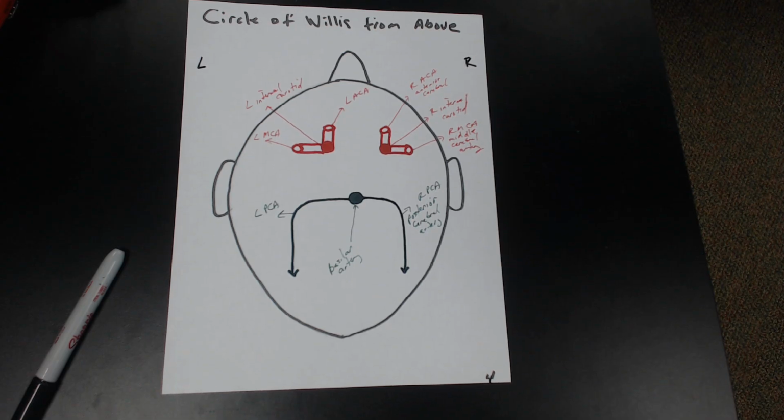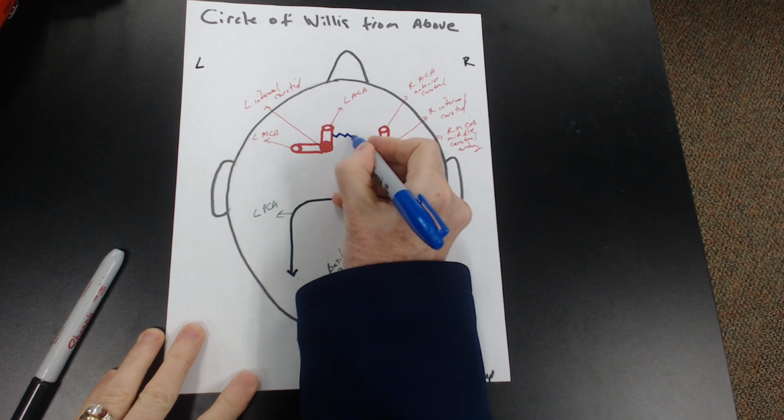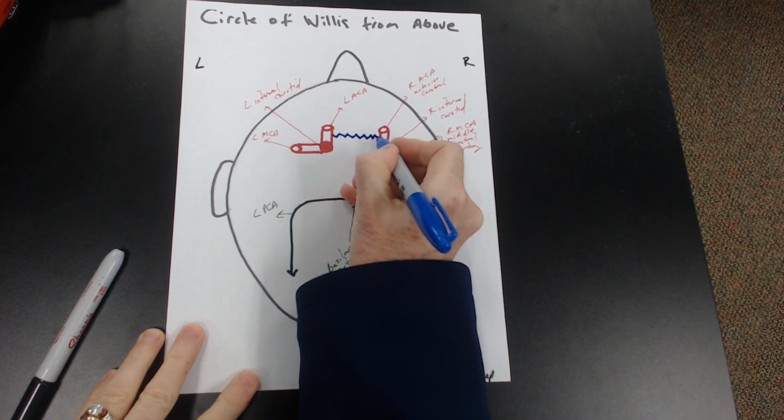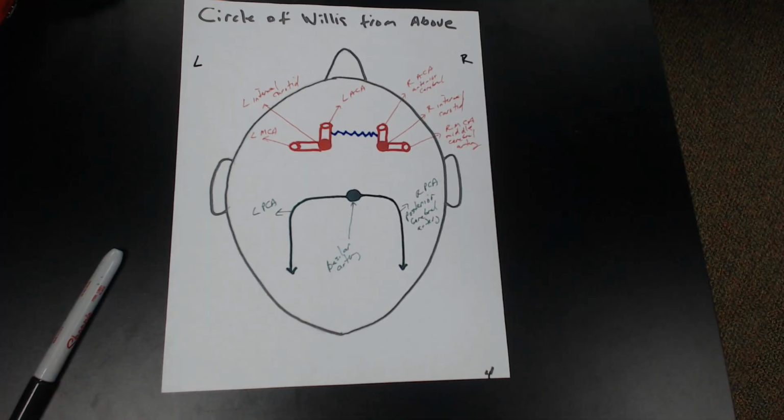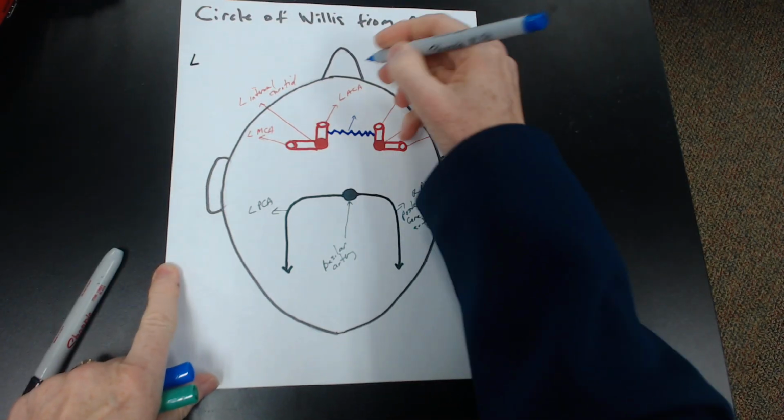Now, connecting the right and left parts of the brain in the anterior circulation, there was one little artery, and it resides here. It connects both left and right anterior cerebral arteries. Anybody remember the name of that one? Yes, anterior communicating artery.